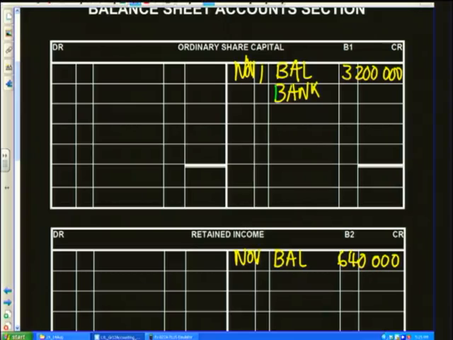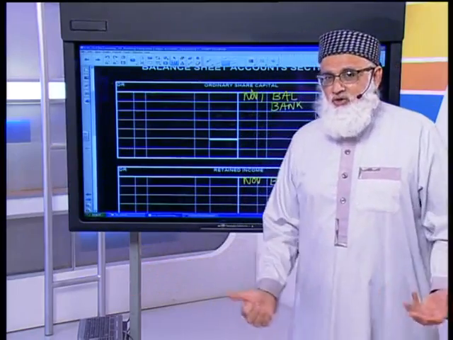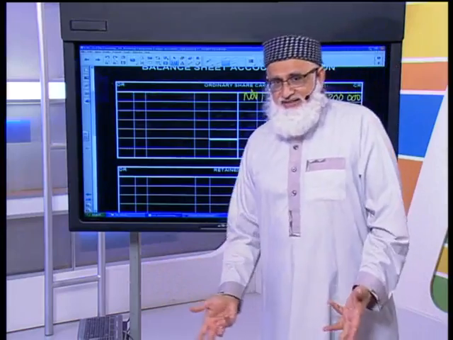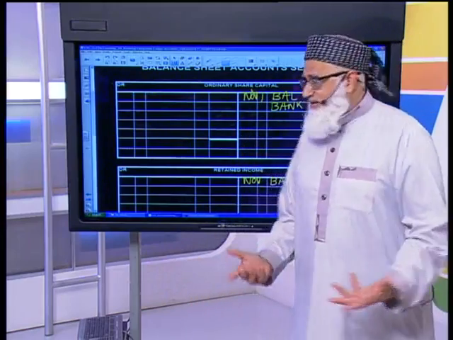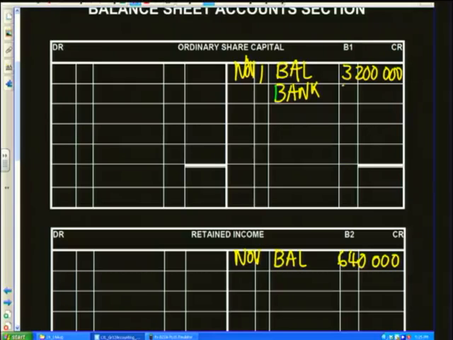So you can see I'm crediting my ordinary share capital. It's an equity account increasing in value. It was 900,000 shares at 3 rand each. I'm sure that's an easy calculation for you to do. 900,000 times 3 would give you a value of 2,700,000, and you enter that 2,700,000 on the credit side of your ordinary share capital account.